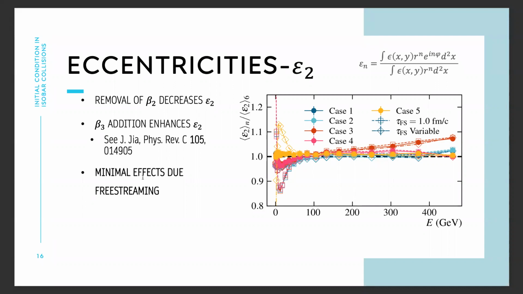The other things are some well-known effects that we see at central collisions. When we go from case 2 to case 3, that's when we introduce the octupole deformation. For those lines from the cyan to the red color, we see that it affects epsilon 2, and from the red to the magenta, which is removing the quadrupole deformation, it decreases epsilon 2, which is pretty much what we would expect.